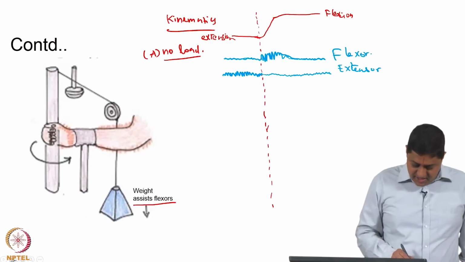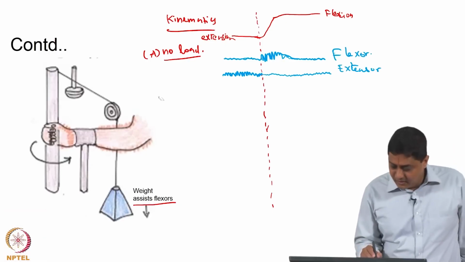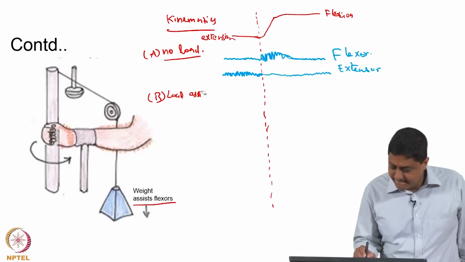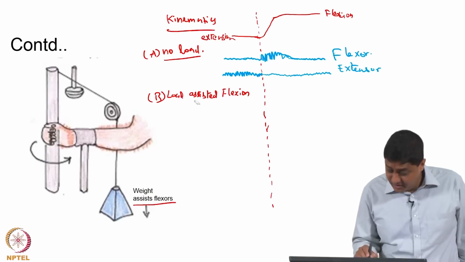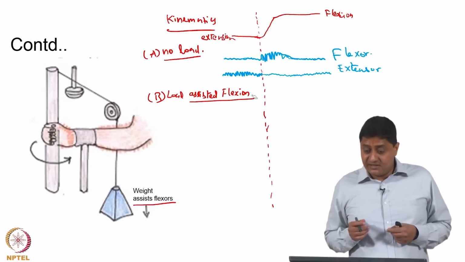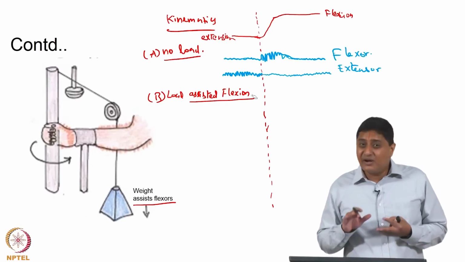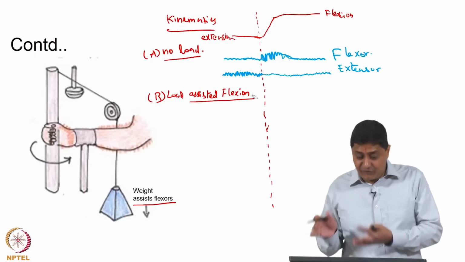Now let us take the case when the load assisted flexion, and we said what would happen if the expectation is that the system cares only about kinematics or movements, but not about kinetics or forces.